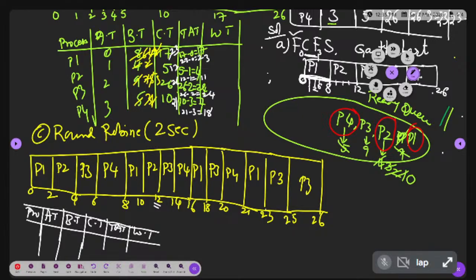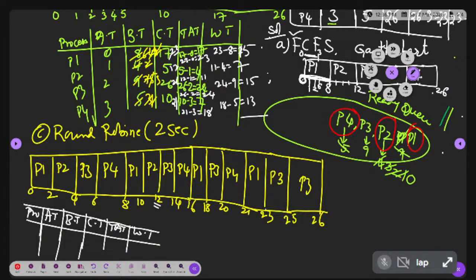Waiting time is turnaround time minus burst time: 23 minus 8 is 15, 11 minus 4 is 7, 24 minus 9 is 15, 18 minus 5 is 13.